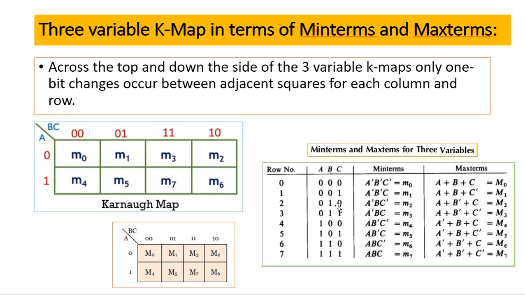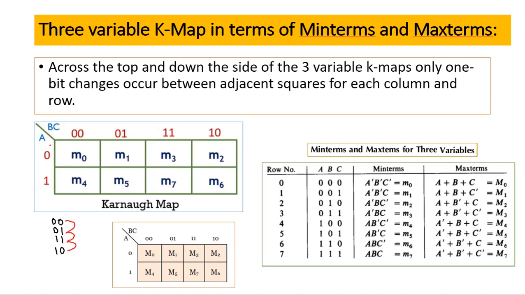So if I reorder this and write it in the form 00, 01, 11, 10, then you can see that from 00 to 01 there is a change by 1 bit, 01 to 11 changes by 1 bit, and 11 to 10 there is a change by 1 bit.